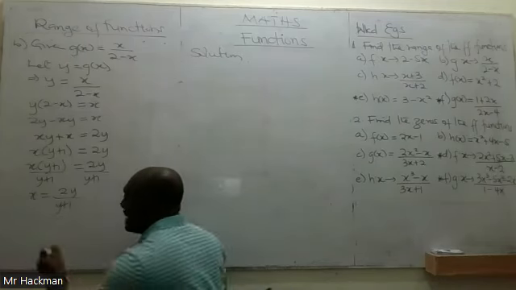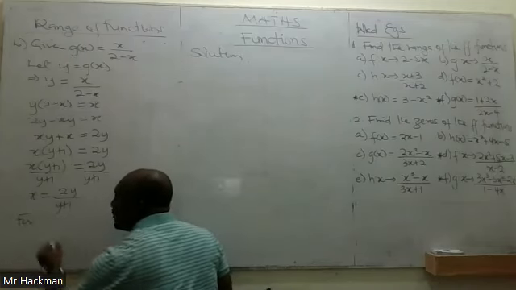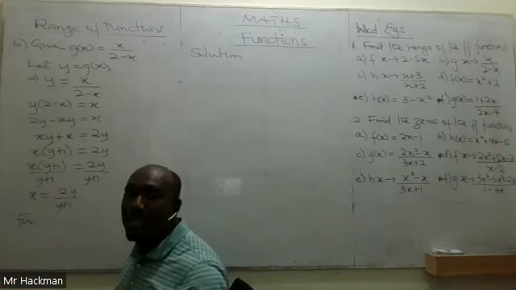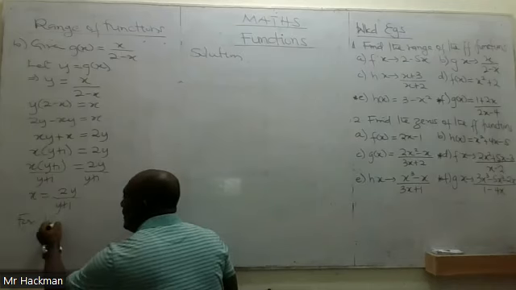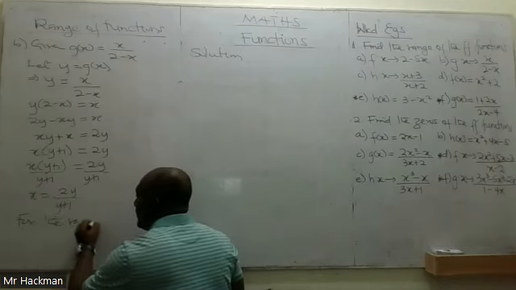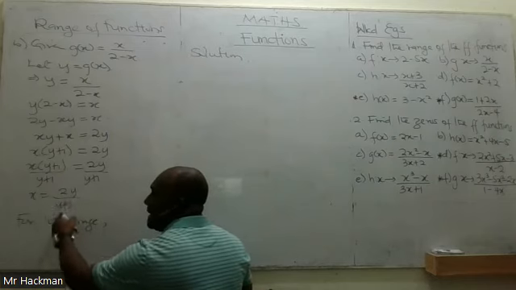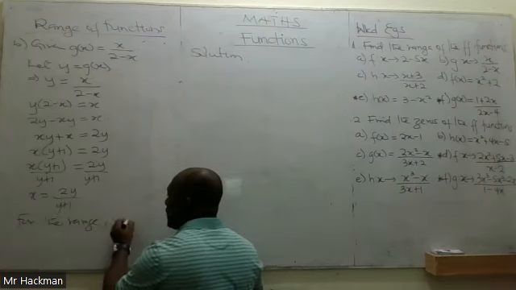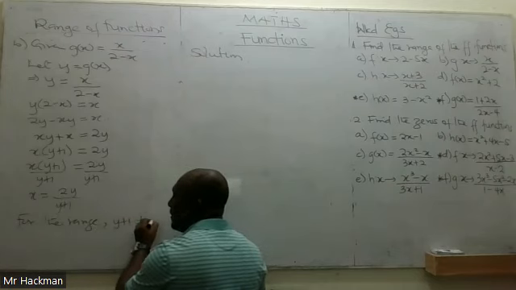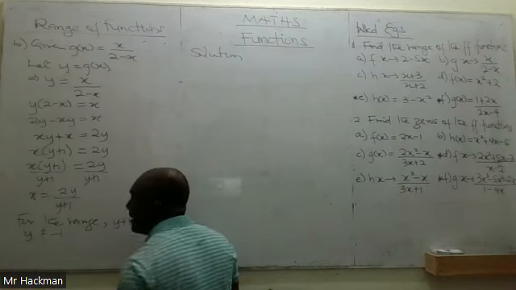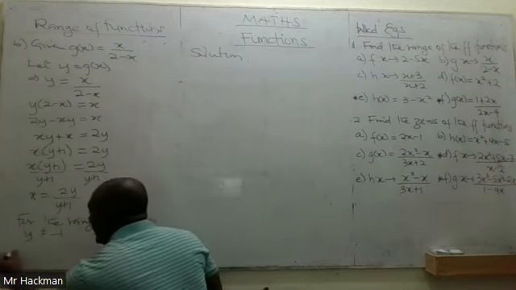At the normal circumstance, we are supposed to write for the domain. Like here, because we know that the domain will coincide with the range, I'll write for the range. My denominator, which is y plus 1, should not be equal to 0. So I'll come and get y should not be equal to minus 1. So now I can draw my conclusion.